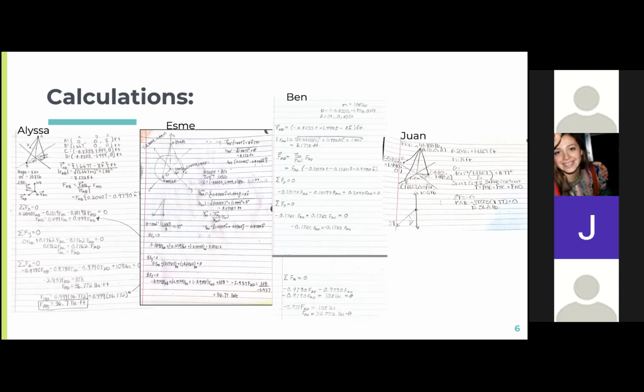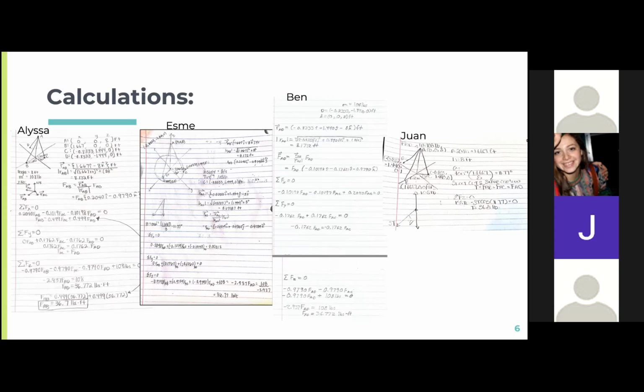Using those values in our sums of X, Y, and Z, we noticed that for Y, FAD was equal to FAC. And when using our Z values equal to 0, we were able to calculate FAD and conclude that 36.772 pounds per feet was the tension in each chain.